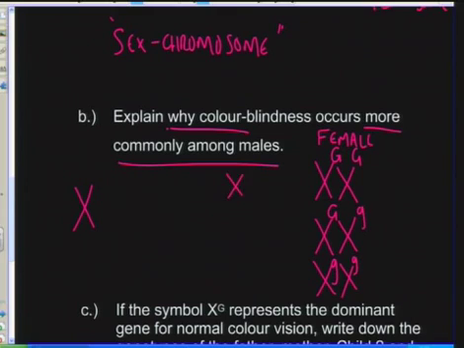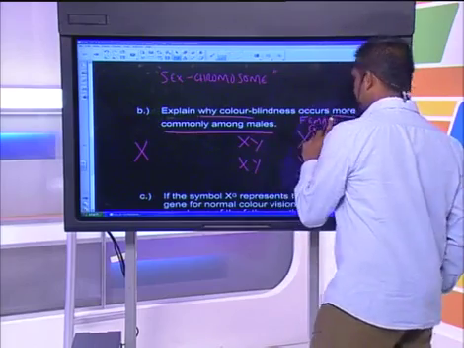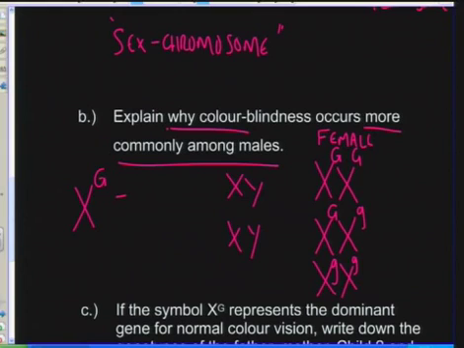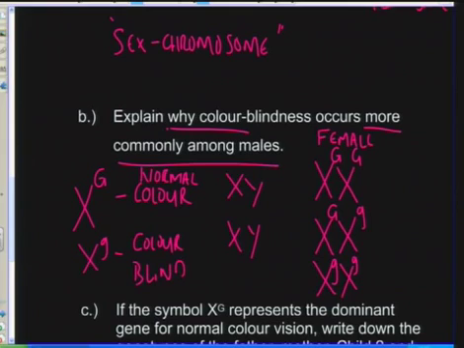If we compare that to males, males have a single X chromosome, and remember that the gene is found on the X chromosome. So if we're using the capital letter G to represent normal color vision, and the small letter g to represent color blind or affected, then this male is normal and this male is color blind.